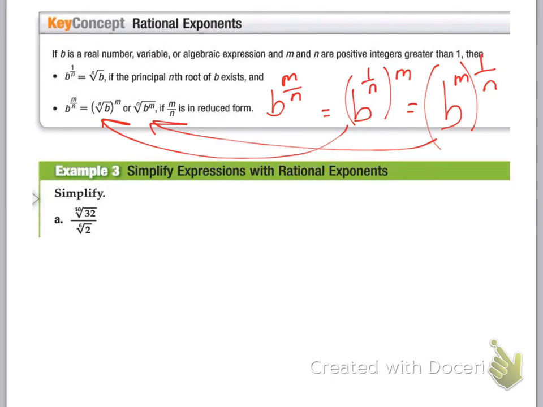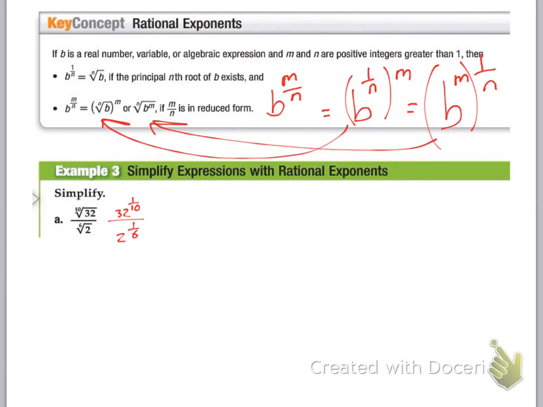Or if the bases were the same, it'd be way more convenient because then I'll have exponent rules. So I suggest that you switch these to exponential form, which means this is 32 to the 1/10 power over 2 to the 1/6 power.